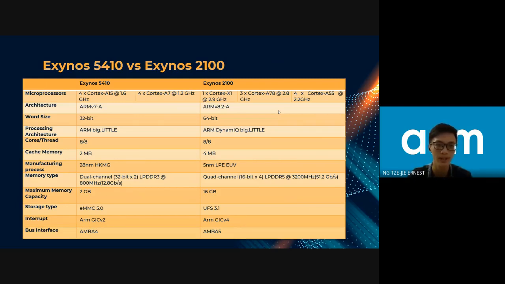On the other hand, the Exynos 2100 uses the ARMv8.2-A profile ISA with 64-bit word size.